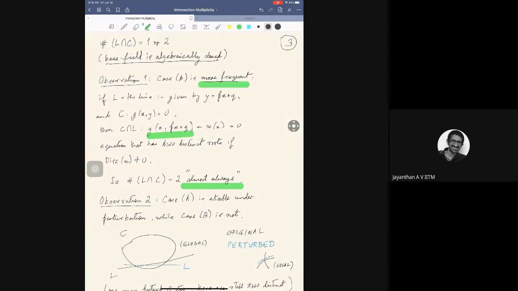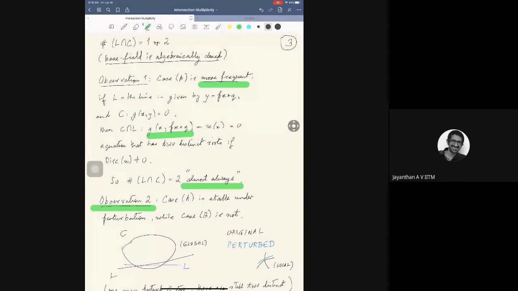There is another way of looking at it, and that is to say that it is stable under perturbation. So for instance, if I leave the conic C alone and I were to perturb the line, and I don't know whether you see colors on my screen. I have colors.